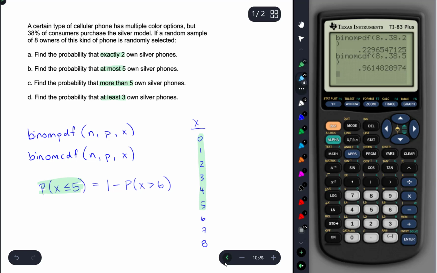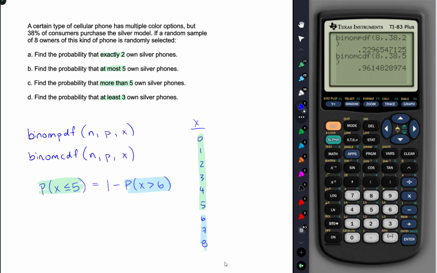The values where x is greater than 6 is this group of values right here. Notice that that encompasses all the different outcomes in this experiment, 0 through 8, so that this group is complementary to this group.